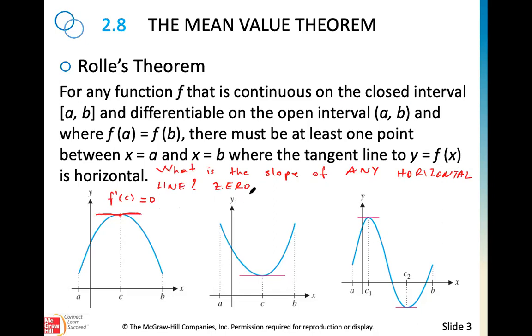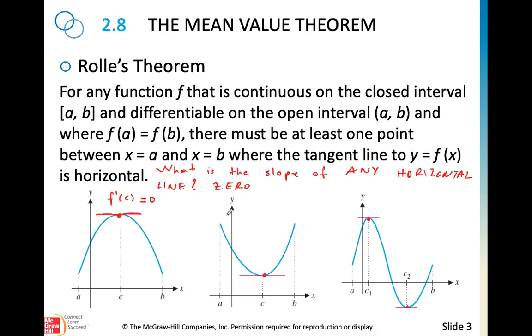And one more thing. If you have a horizontal line, it means that, for example, for this graph, this is the maximum point or this is the minimum point. Can we say that at that point, since the slope is 0, the function gets its maximum or its minimum? So these are called critical points.